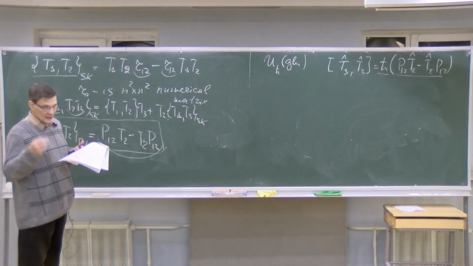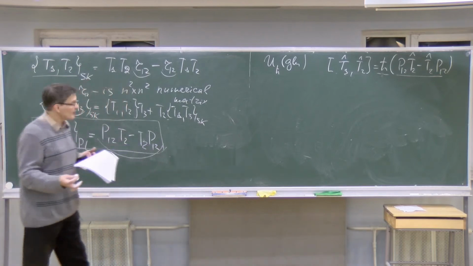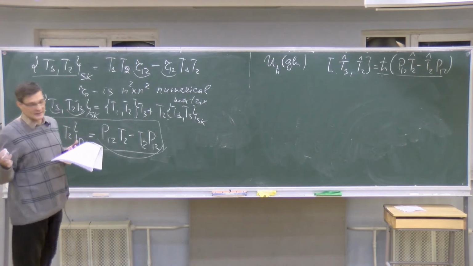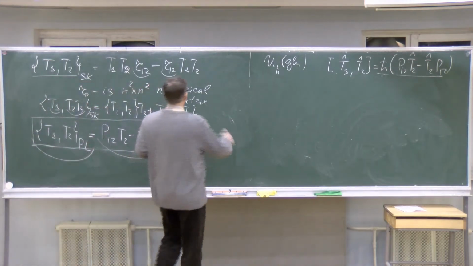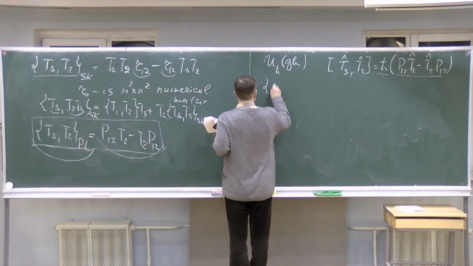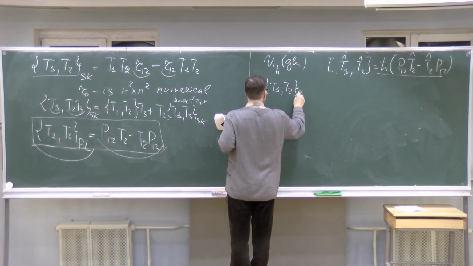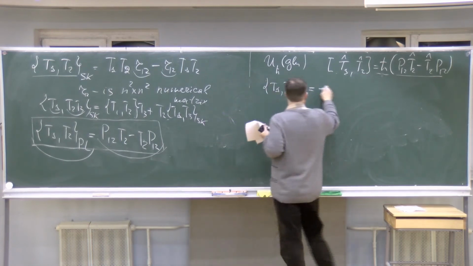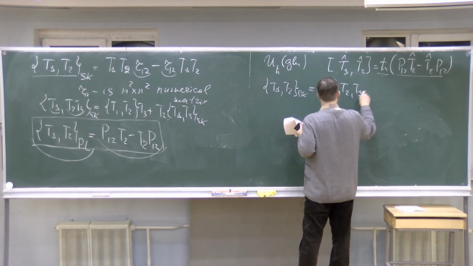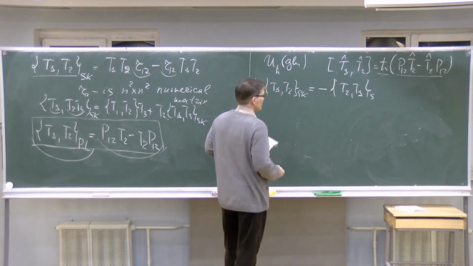What should we guarantee? The antisymmetry of this operation and the Jacobi identity. So the bracket of T1 and T2 should be a skew-symmetric operation. This is the first requirement.